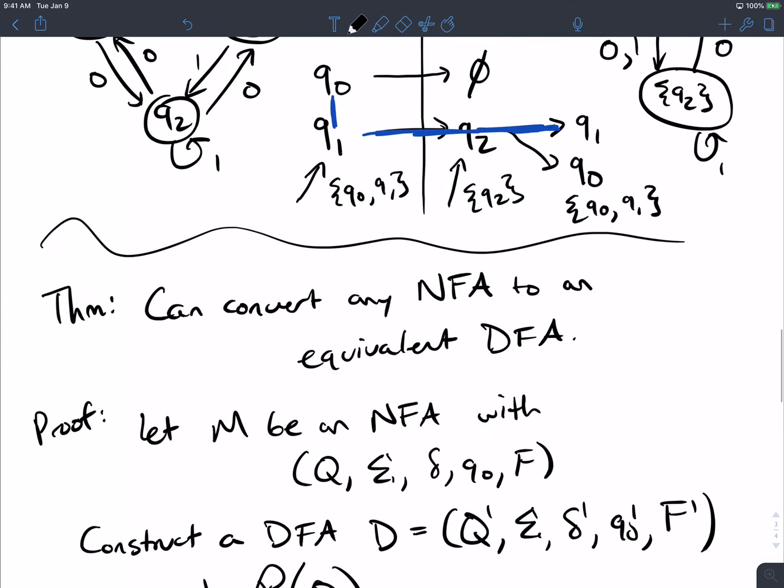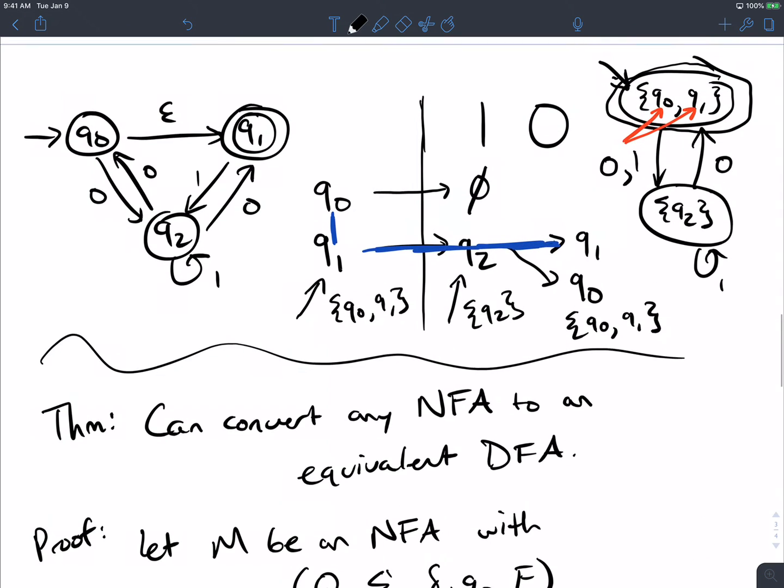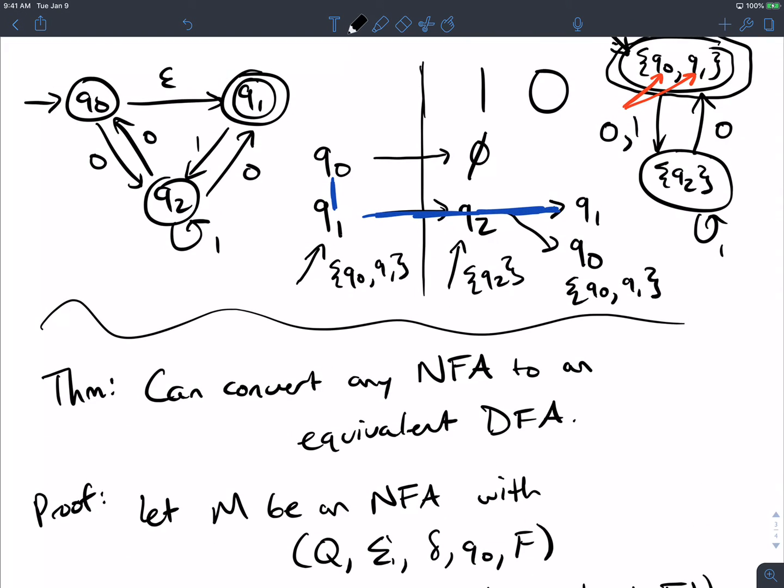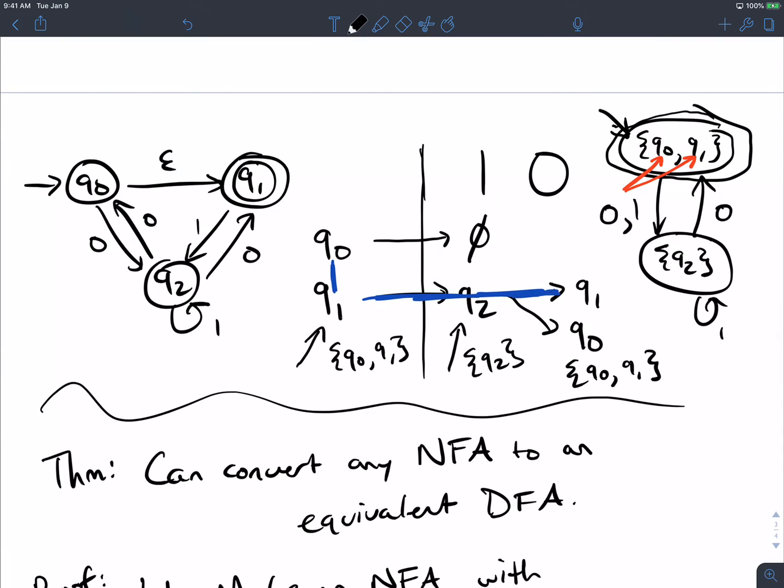So what are we going to do? Well, what we should do is figure out where we can reach via only epsilon transitions. So look at the example right here on the left. Where can I reach from Q2 via only epsilon transitions or not applying any at all?